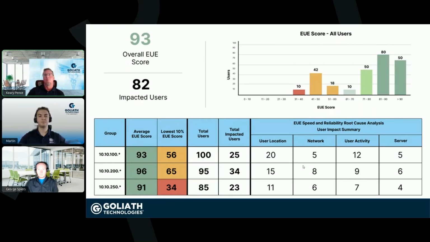Actually it's not 10%, the total user count is higher. But you can see that distribution, like, okay, this isn't organization-wide. Here are the 10 users that are having the worst experience. Let's dig into those 10 users and see exactly what's going on. In this example in this report, for the most part, it's tied to user location. So it's easy right there to start to pinpoint your troubleshooting.